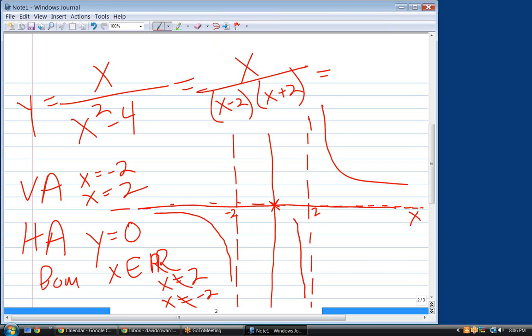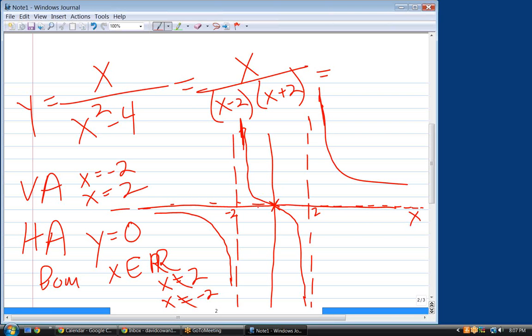It goes through the point, because when you're dealing with these vertical asymptotes, this comes down from positive infinity. Well, on the other side of the asymptote, it comes up from negative infinity. Well, this goes up to positive infinity. On the other side of the asymptote, it comes up from negative infinity. So that tends to be a characteristic of most graphs that are hyperbolic in nature.